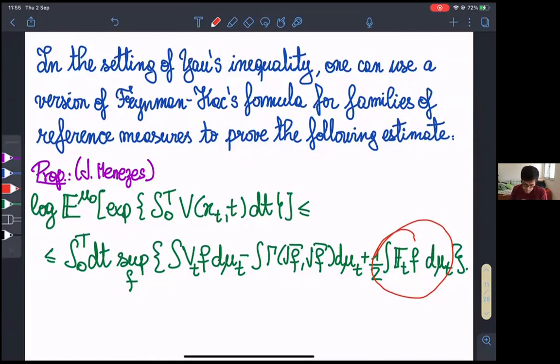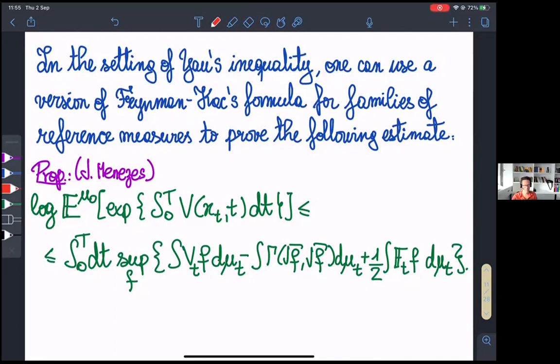So this is what I call the relative entropy method. Okay, so on one hand we have Gauss inequality, which is one possible way to obtain a priori bounds on the laws of our Markov chains of interest. Okay, in this particular case of the relative entropy.